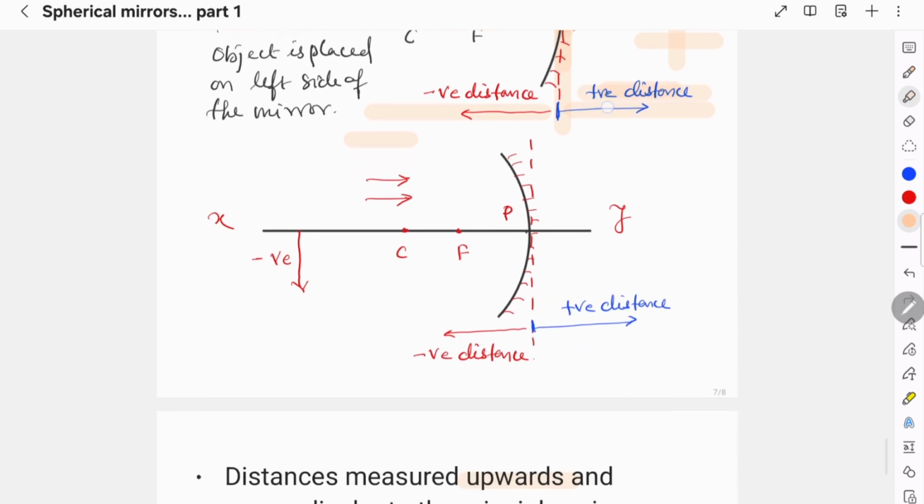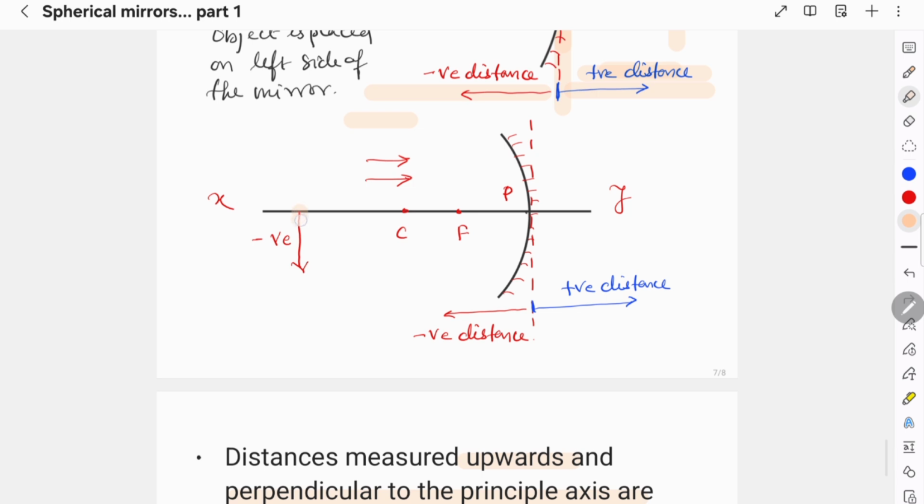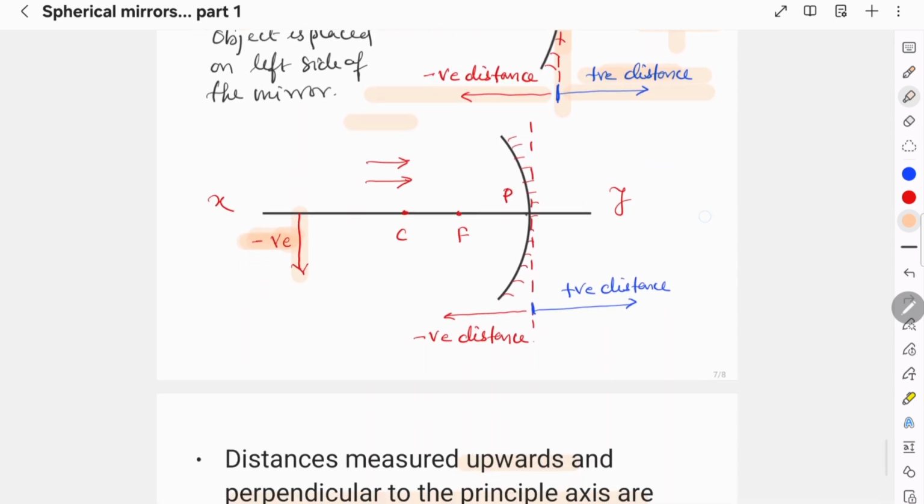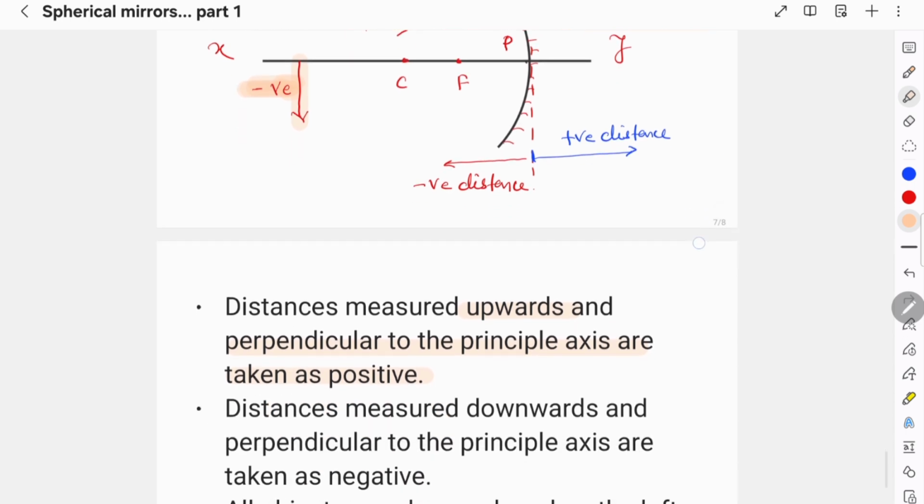Now if you see in this diagram, we have an inverted object here. So this is perpendicular to the principal axis, but it is downwards. So this will be taken as a negative direction. So when we are taking the height of this object, it will be negative, and the height of this object will be positive. So this is very much required while solving numericals.